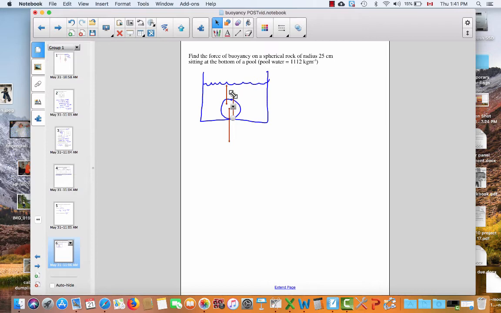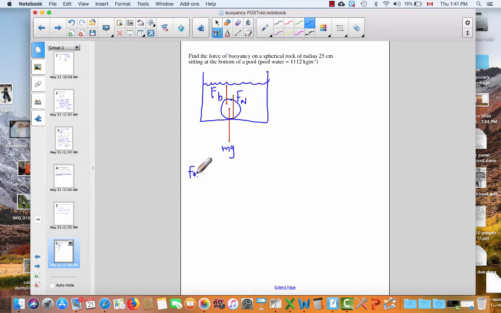And since the rock isn't moving, all those forces have to be balanced. So in physics, the weight of the rock is mg, the mass times the gravity field. The force of a surface pushing up on an object, that's called a normal force. And then this is the force of the water pushing up on the object, and we were calling that a buoyant force.